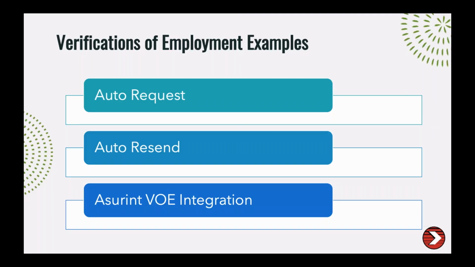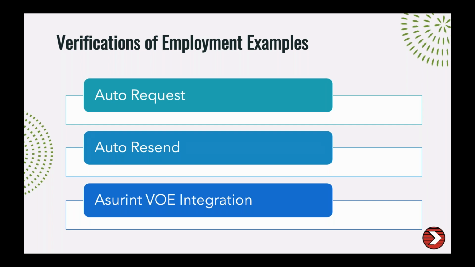So we talked a little bit about verification of employments, but there's a feature that primary contacts have access to in their settings where they can set up criteria for the auto requesting and auto resending of VOEs. That really helps get a jump start on things. We're not going to send out verifications if the driver has their most recent employer where they've asked us not to contact that most recent employer.